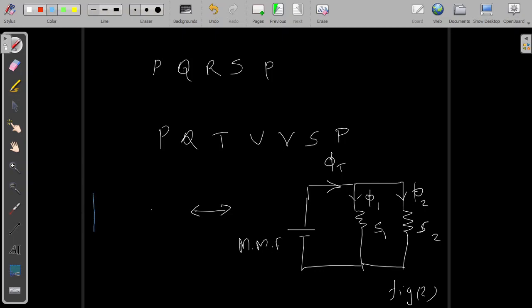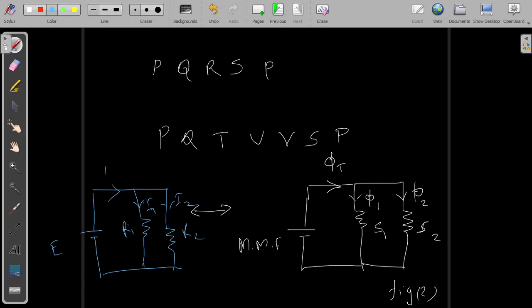We have EMF E, and we have two oppositions to the flow of current, resistance R1, R2, and this will be I1, and this is I2, and the total current is I1 plus I2, that is I total IT.